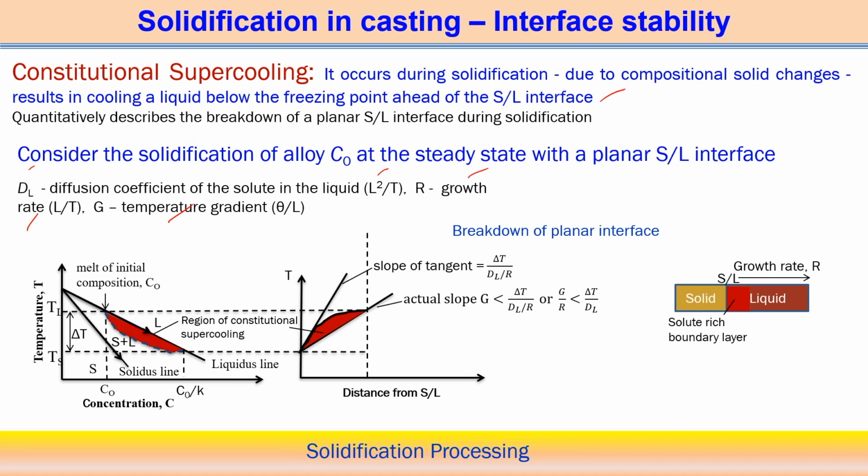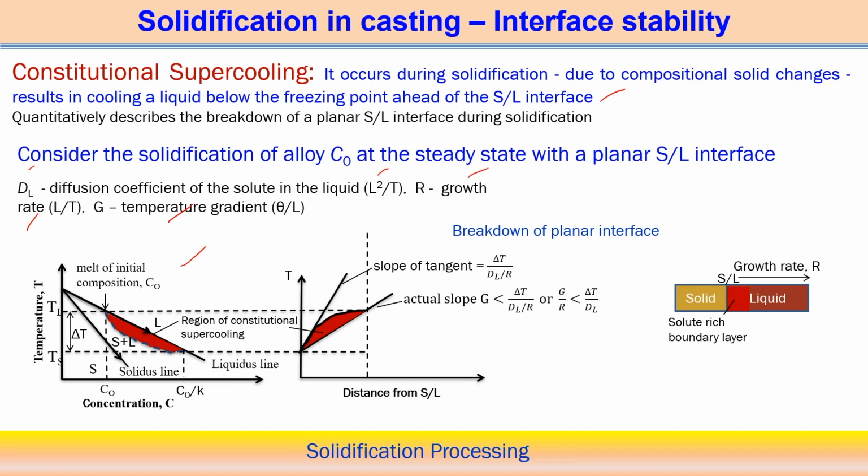Now, what are the conditions for the breakdown of the planar interface? Here we represent the first figure. If you follow the first figure, temperature and concentration are shown, and the solidus and liquidus lines are drawn. Delta T indicates the degree of undercooling available, and this red zone is the region of constitutional supercooling. Here you can see the compositional changes during solidification do not exactly follow the liquidus line.